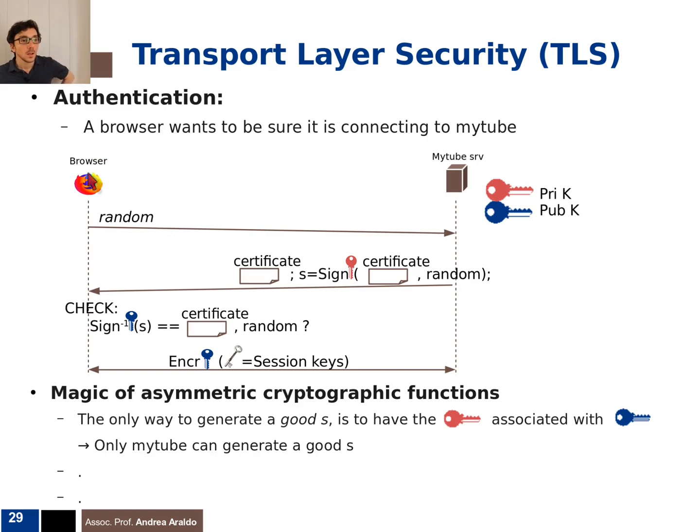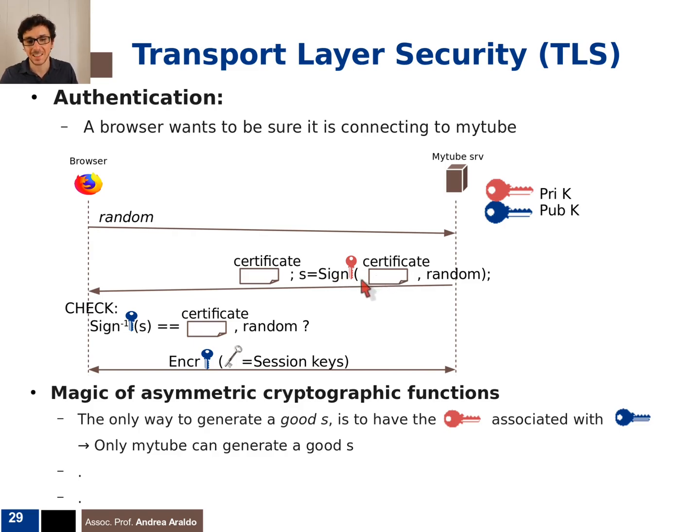Now, whenever the browser of a user wants to connect to MyTube, it first sends, inside the TCP connection, a random number. Then MyTube has to show it is really MyTube. To do so, it signs the random number plus a certificate.